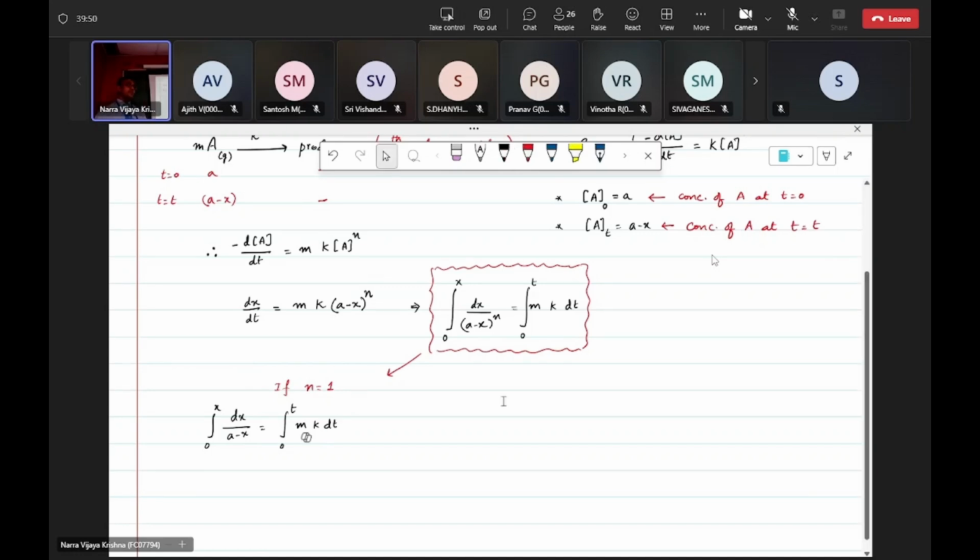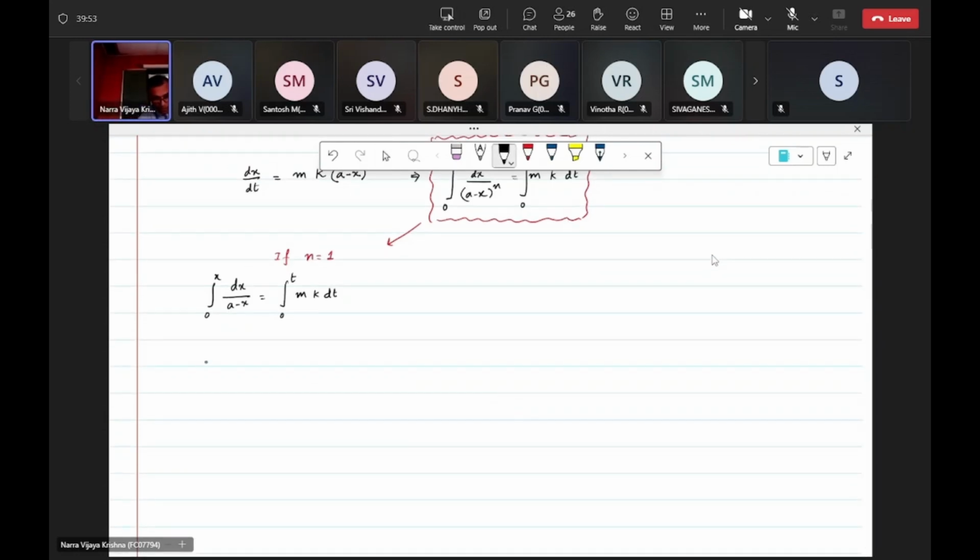So can I write minus log a minus x base e between the limits 0 to x is equal to, what is m? Stoichiometric coefficient, that is constant. K constant. So integral dt between the limits 0 to t. Then what do I have to write? Upper limit minus lower limit. So instead of x, substitute x minus 0. So I will write ln a minus x minus ln a minus 0. Any questions?